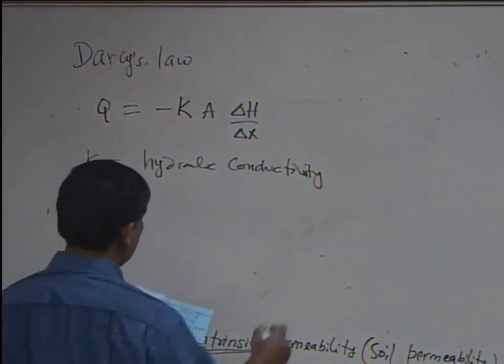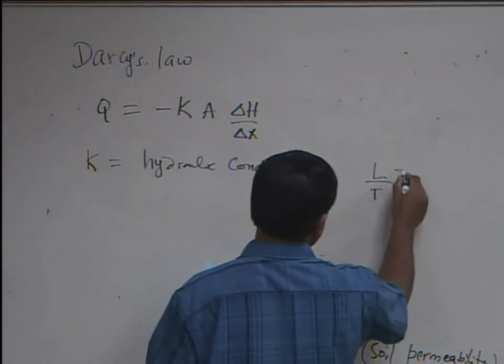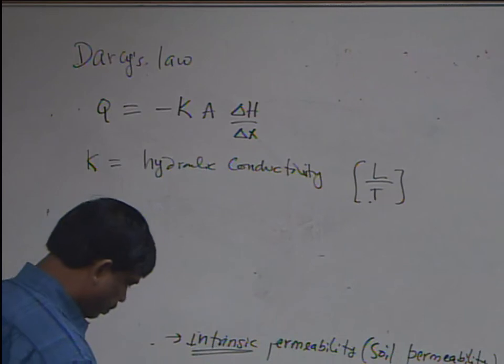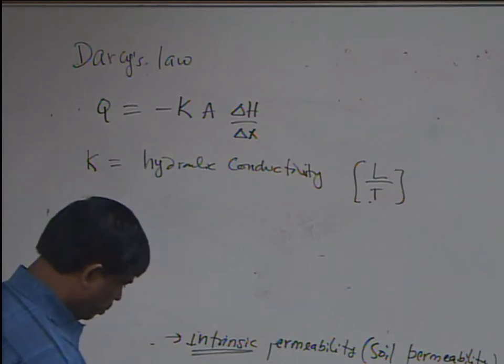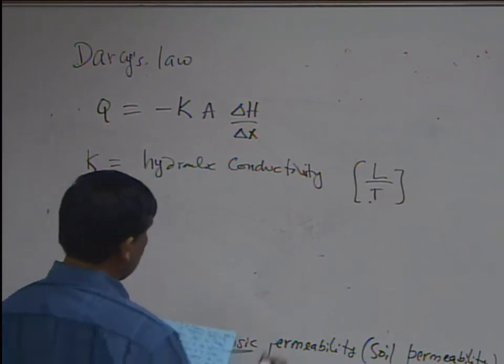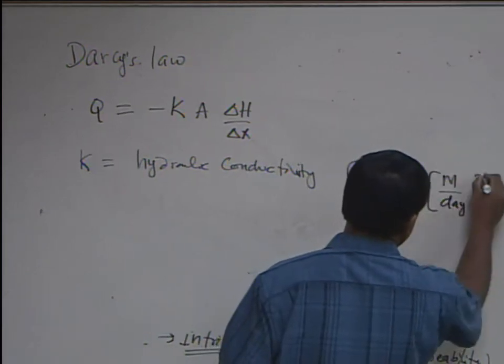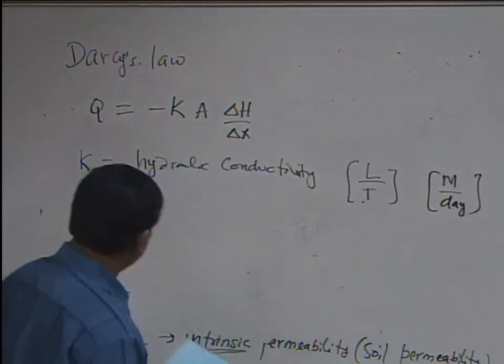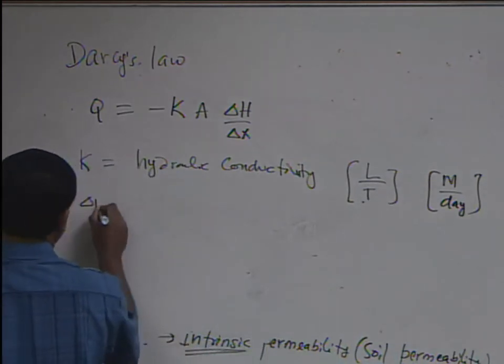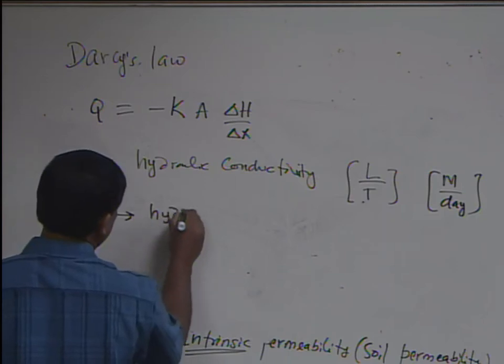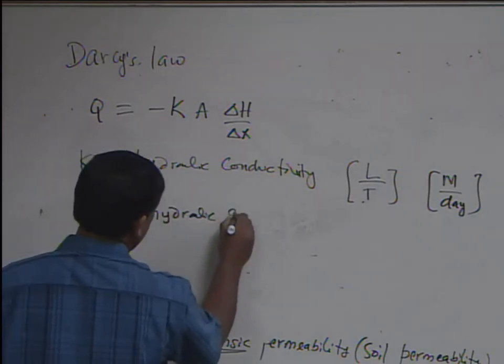The unit is length per time, or meter per day. And delta H by delta X is known as the hydraulic gradient.